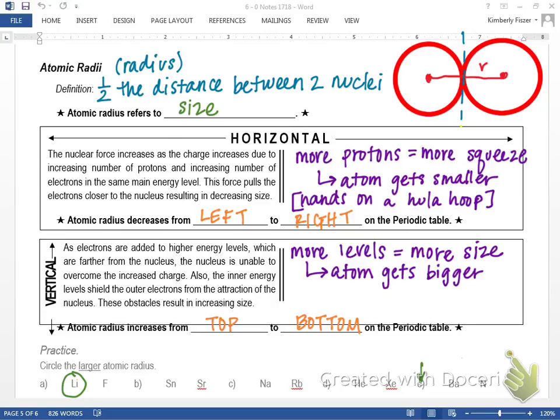So who has the least amount of protons? Who loves their hula hoop the least? Strontium, because he has 38, and tin has 50. So 38 is less love. I don't got enough love for you.